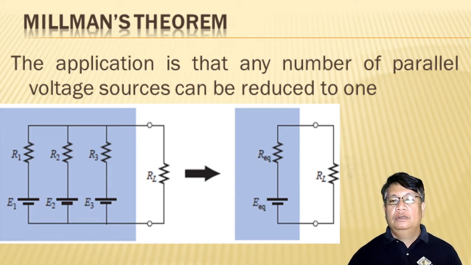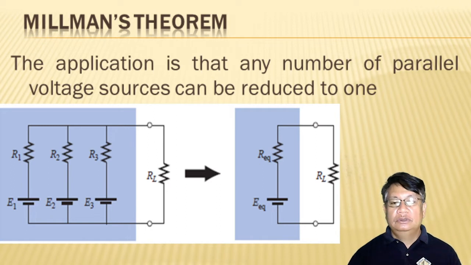Millman's Theorem is applicable if we have voltage sources connected in parallel. The application is that any number of parallel voltage sources can be reduced to one source.